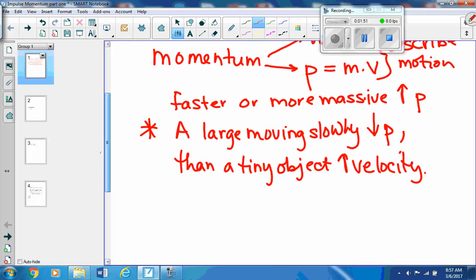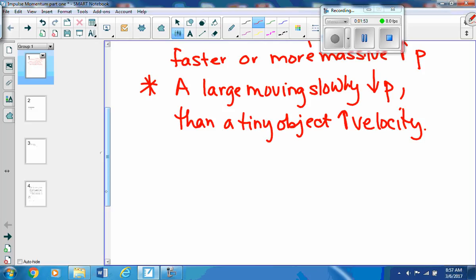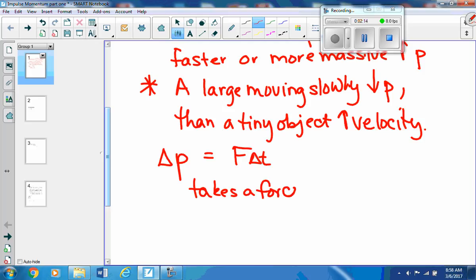Now the last week or so, we've been looking at a change in momentum, and we do know that that's equal to the impulse. So a change in momentum, what this tells us is that it takes a force applied over some time interval.